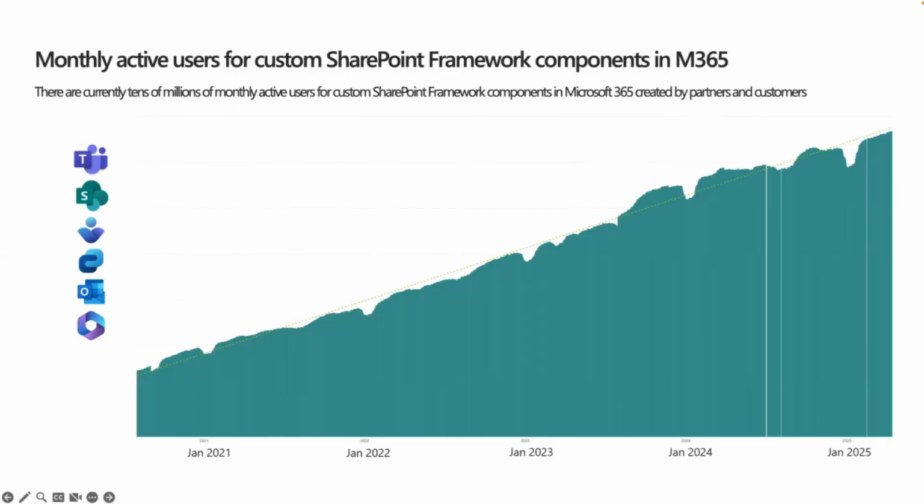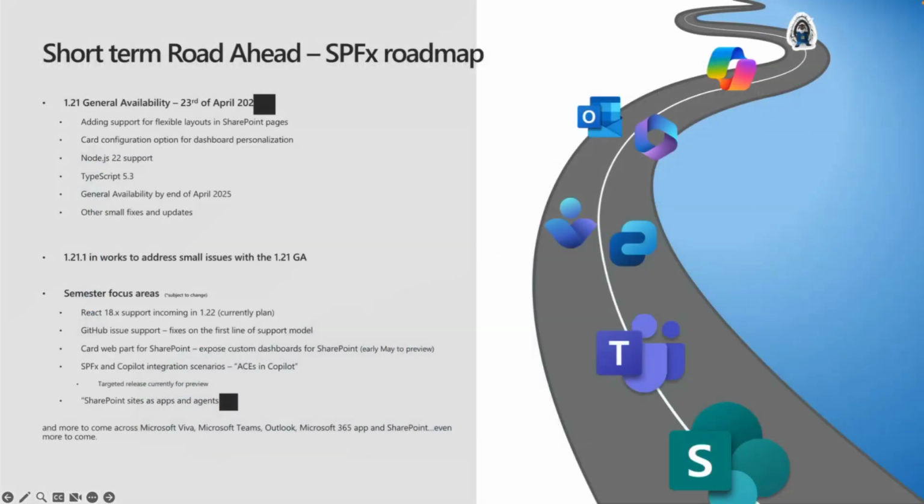But let's go to the following slide. We are looking into getting 1.21.1 out, which is addressing some of the small bugs. So as an example, when you're running against the local online workbench, you will get a message that, hey, the web part is not here. Actually, it is there. So there are some small itchy-bitchy things here with the 1.21. Nicely rendered, by the way, those emojis on those black boxes.